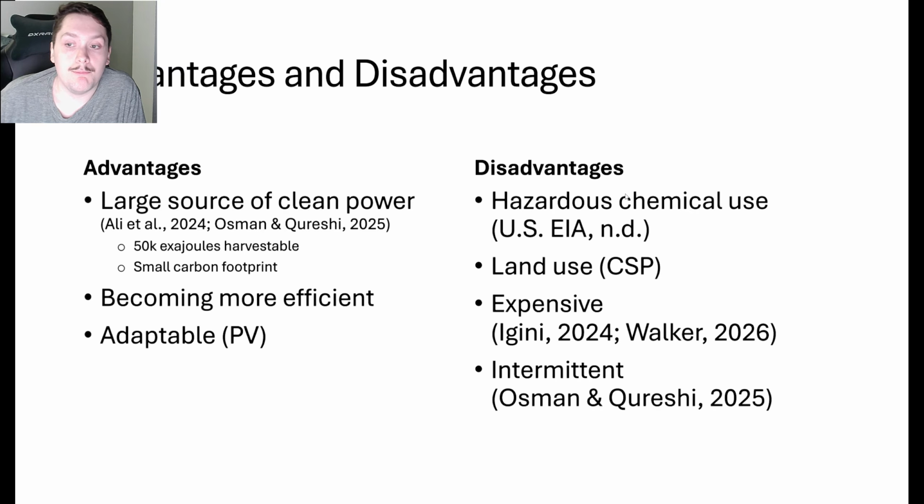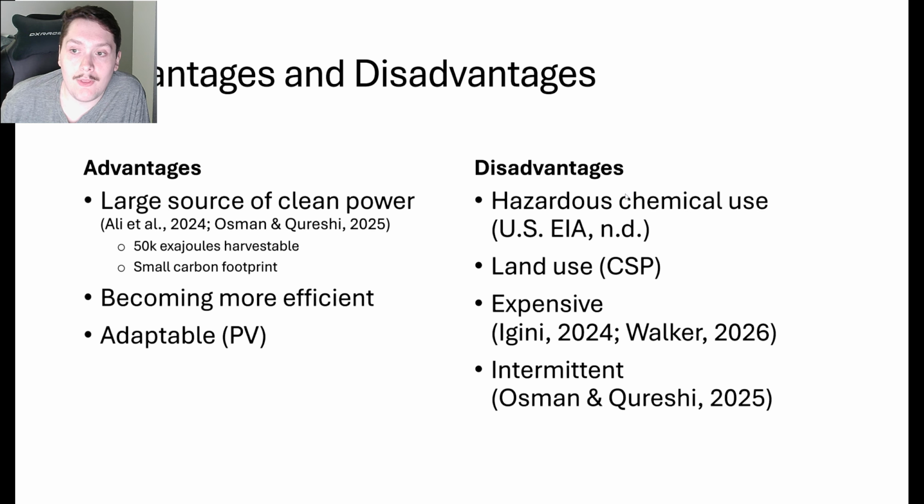And finally, probably the most obvious one is that it's intermittent. We don't have daytime 100% of the time, and obviously, the sun is going to be at different stages, and it's not going to be the same intensity all the time. There's seasons, so days get shorter, nights get longer.